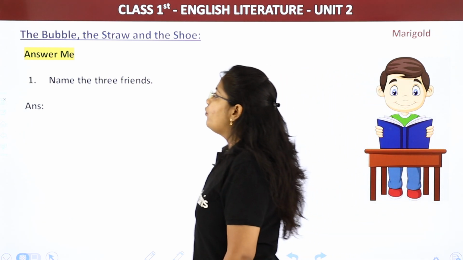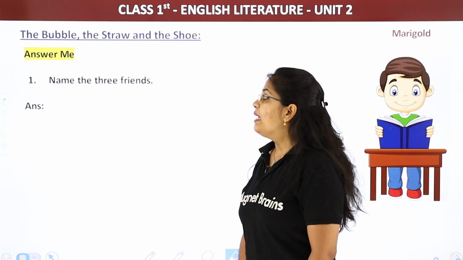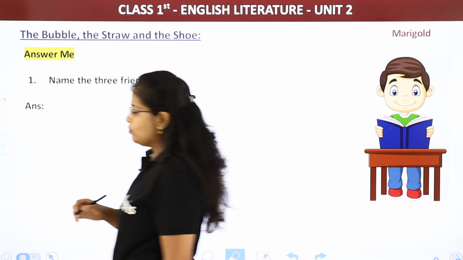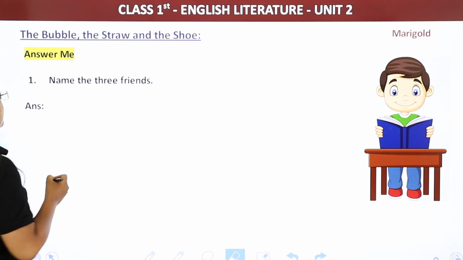Now we start off with our exercises. First is question answers. Name the three friends. Now you know the name, right? आपको तो पता है. So we'll write it.